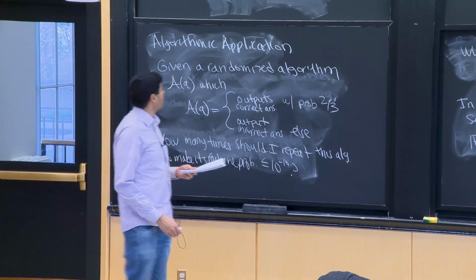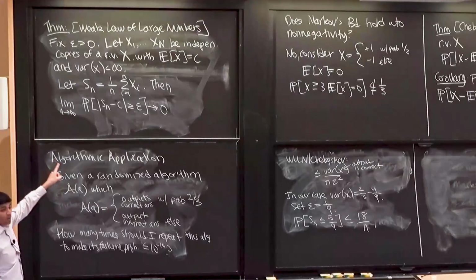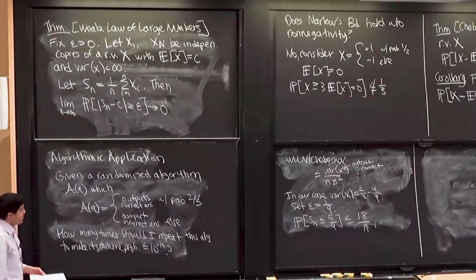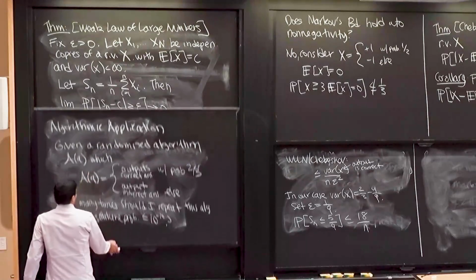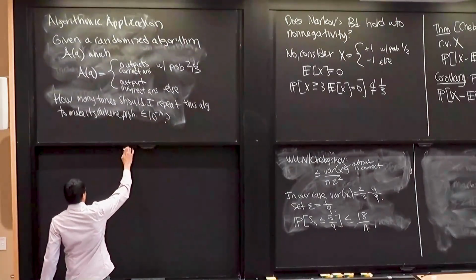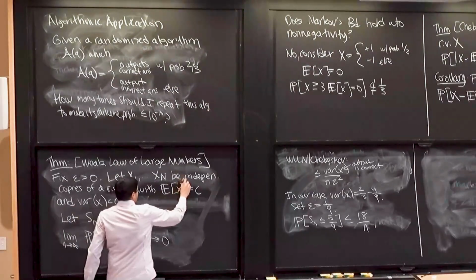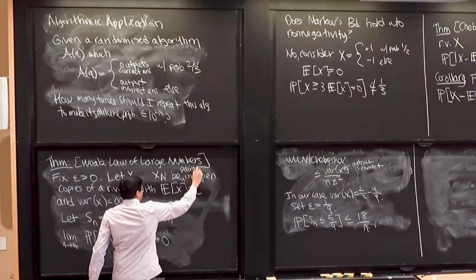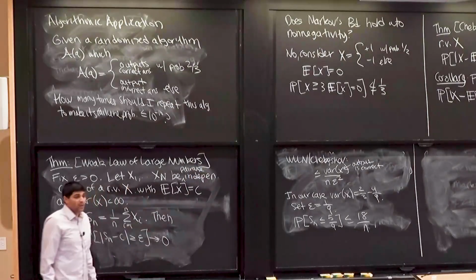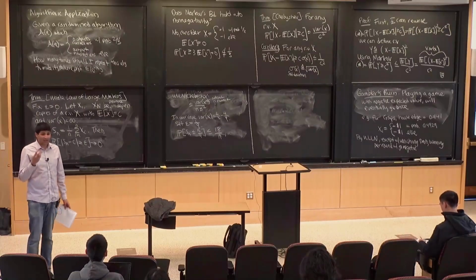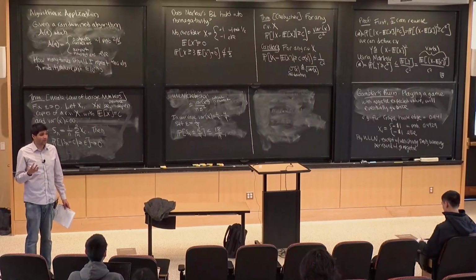So let's take a minute to think about the proof of this weak law of large numbers. The setting was that I assume the xi's are independent draws from x. But I claim my proof didn't really use full independence. All it used was that they're pairwise independent: if you look at any pair of them, they're independent, but I didn't use the fact that any triple or any quadruple of them are independent.